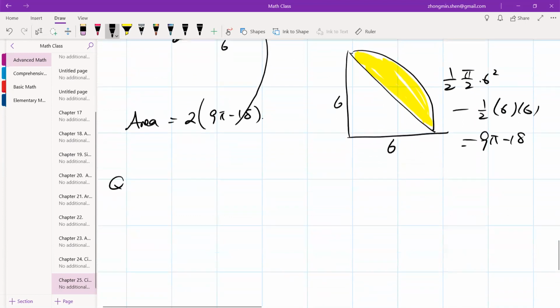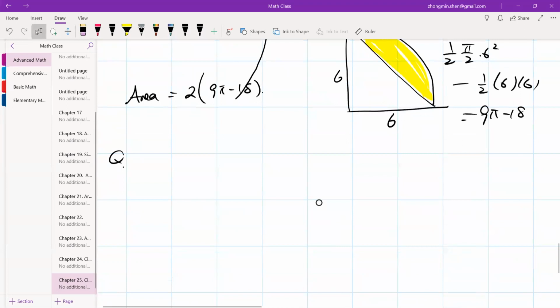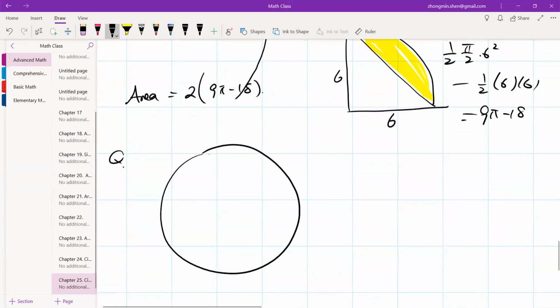Right, so our next problem is going to be a circle, and then randomly I draw two lines. Just random. This is going to be A, C, and B, D, and this is the intersection point P. We are given the following information. Three sides are given, and we are trying to figure out the other side.